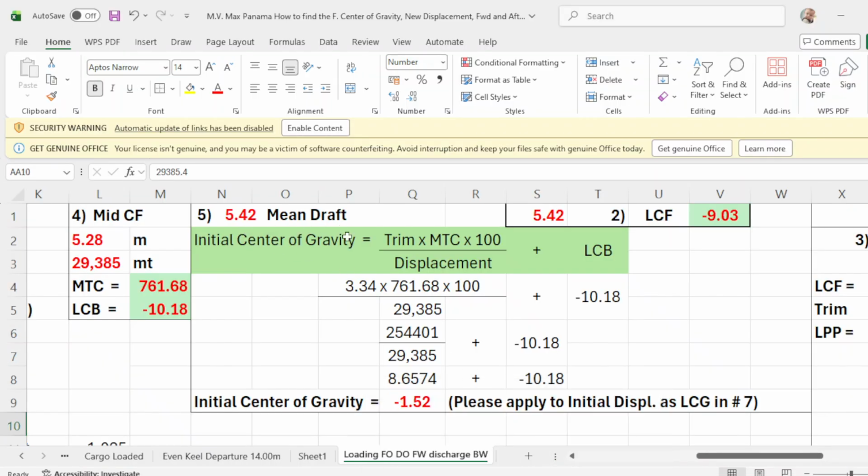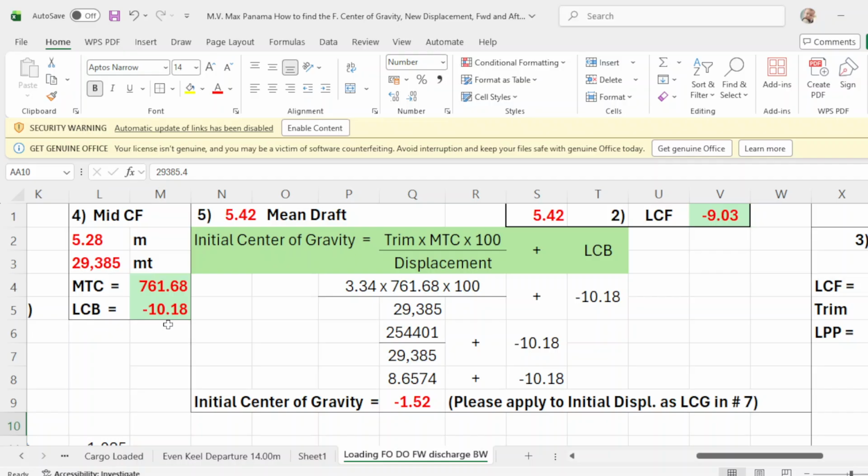So with the min drop, initial LCG is trim times MTC times 100 over displacement plus LCB. So what is your trim? Is 3.34. Multiply your MTC of 761.68 times 100 over your displacement of 29385 plus your LCB.